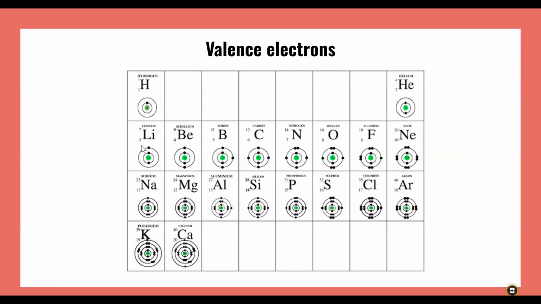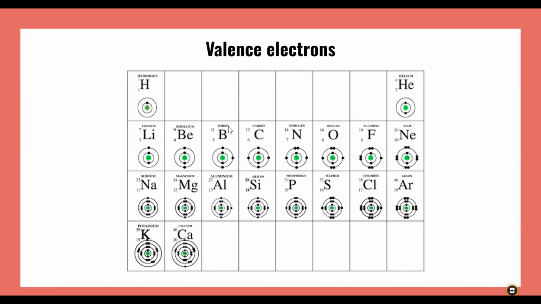We can see clearly that all the valence electrons in this group is one. They're the same. Look at that. This has one valence electron. This has one valence electron. This has one valence electron. This has one valence electron. And here, this has two, two, two.